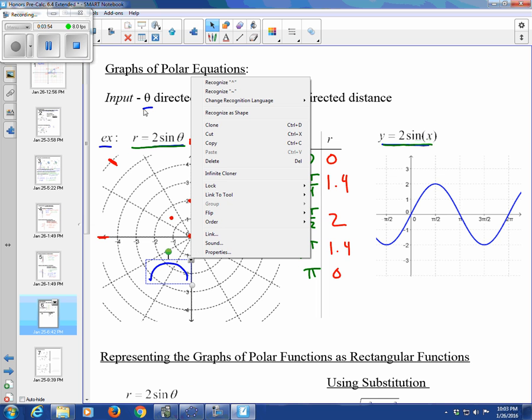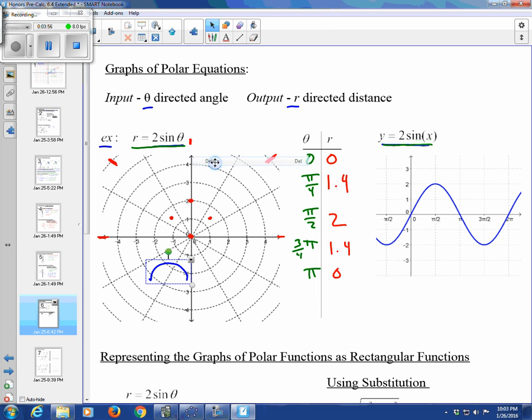So right here we've got a collection of points on our polar plane now, and what we want to think is, what is the progression of r values across that amount of rotation, right? What's happening as we progress through the rotation of 0 to pi? What's happening with our r values?